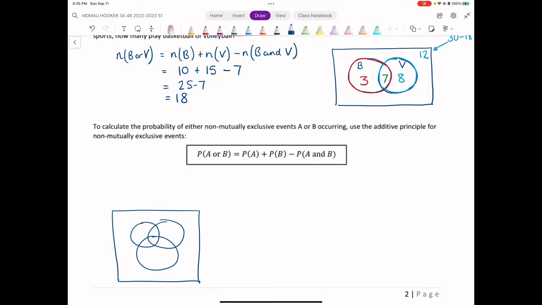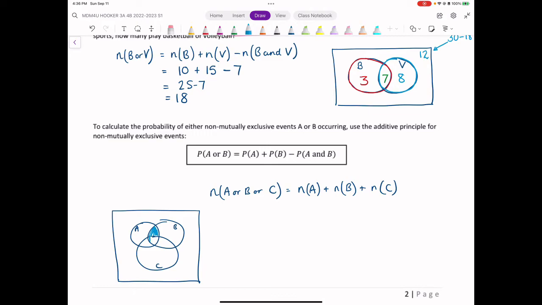So the number for A or B or C, when we're counting, we're going to count all the A's, all the B's, and all the C's. Makes sense, right? But when we've done that, bear in mind that we will have counted this segment twice.